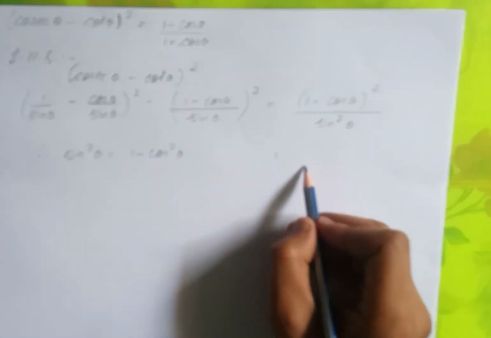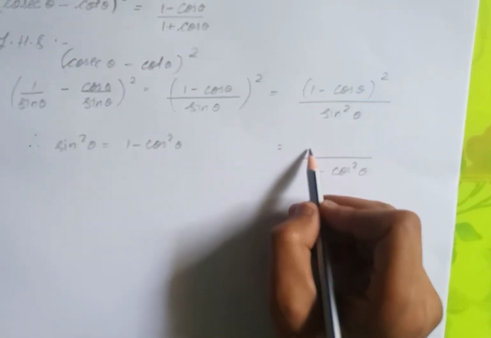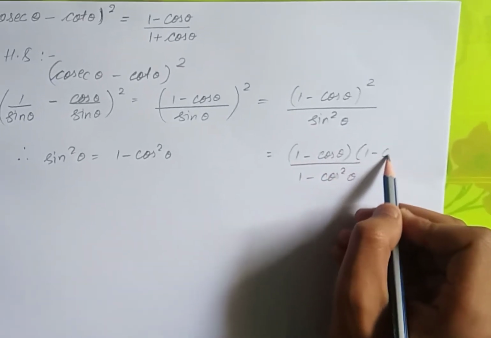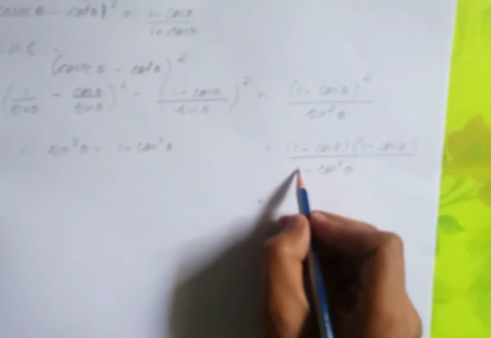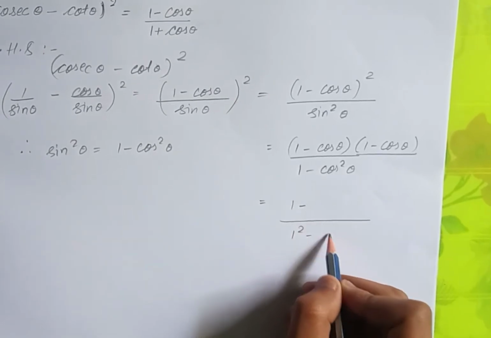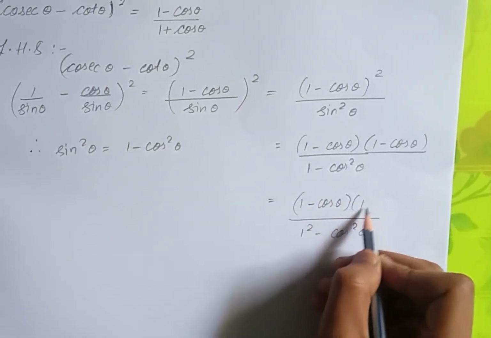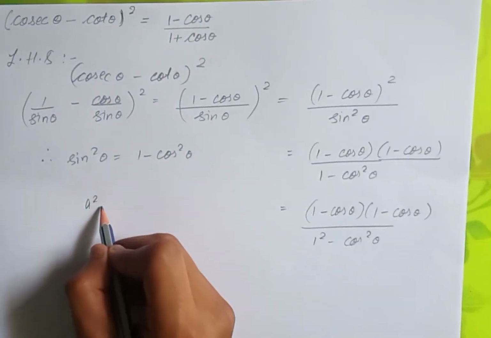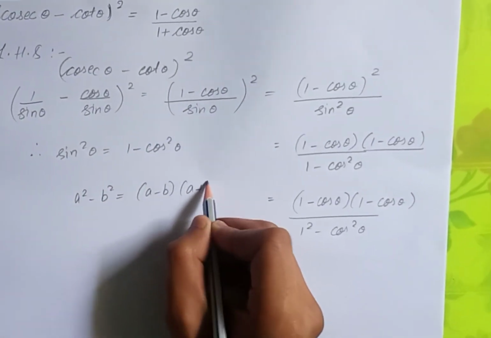So now using this identity, 1 minus cos square theta, and that is (1 minus cos theta)(1 minus cos theta). Then 1 square is 1, so we can write 1 as 1 square minus cos square theta. A square minus b square is (a minus b)(a plus b).